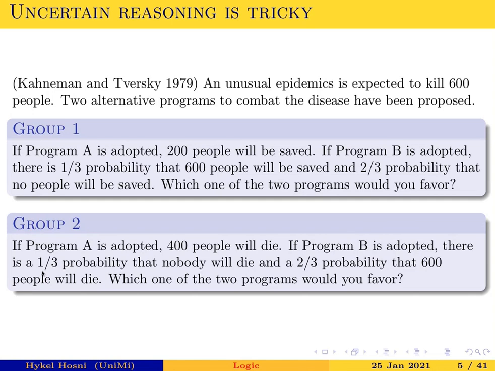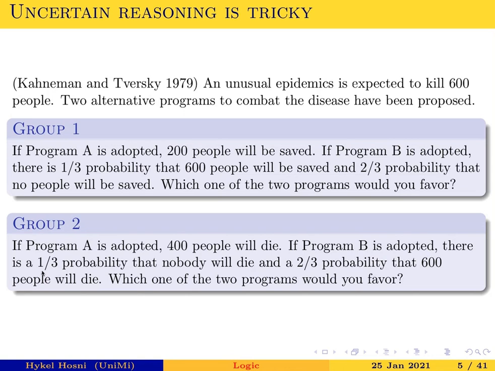Group number 1 gets this alternative between program A and program B. In program A, you just say to people that 200 people will be saved. Okay?